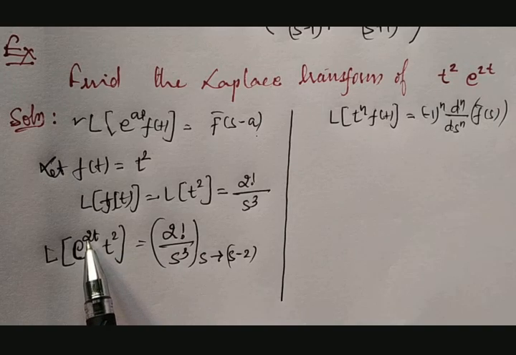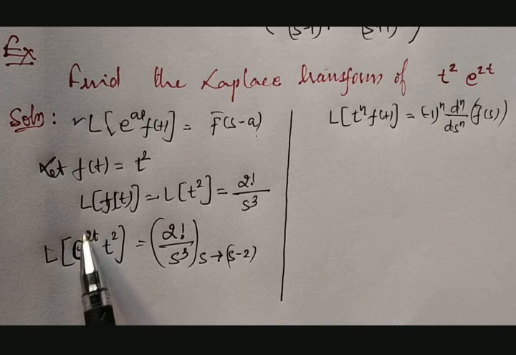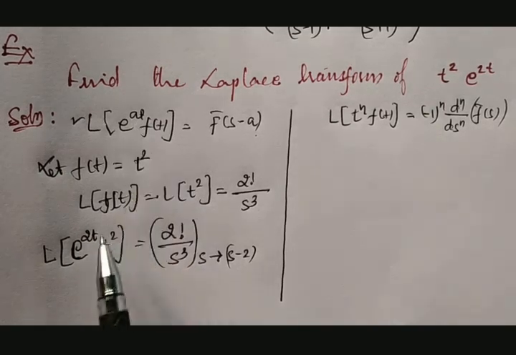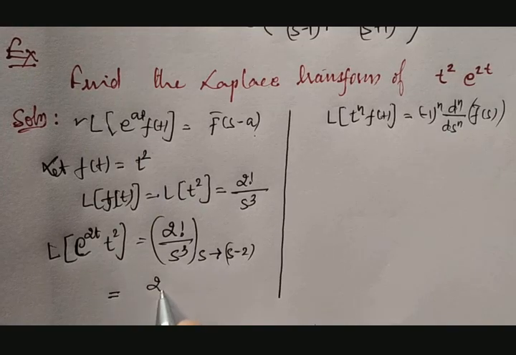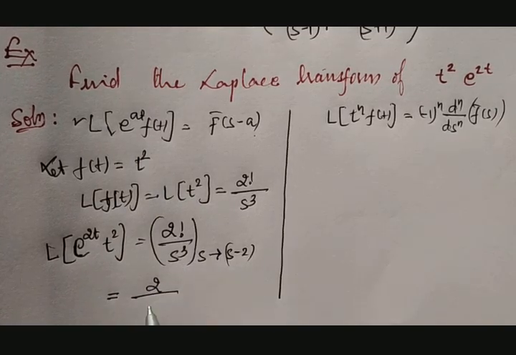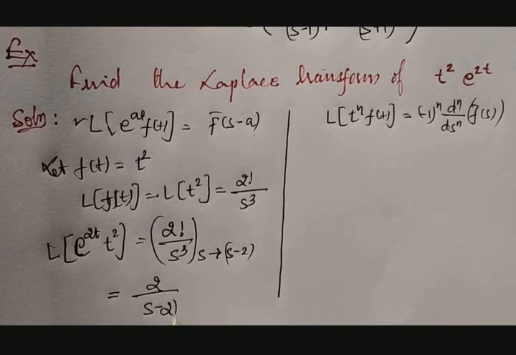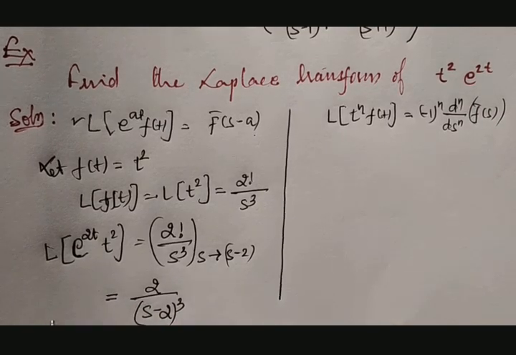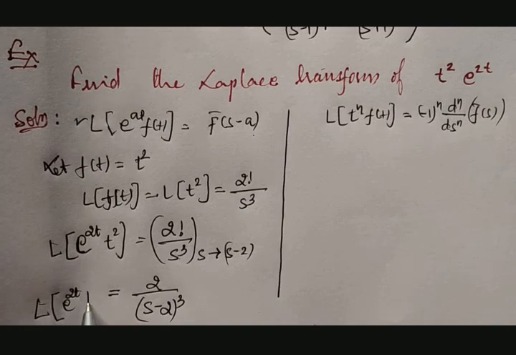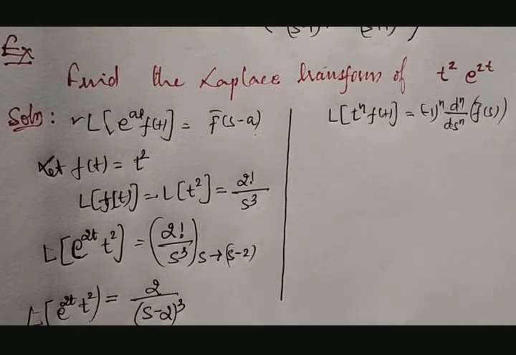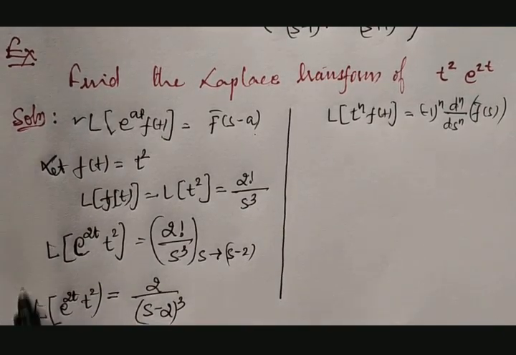That is the coefficient of t, which is the power of exponential, this 2. This is a if we compare with this. Therefore, this result is equal to 2 factorial is 2 divided by s minus 2 the whole cube, which is nothing but Laplace transformation of e raised to 2t into t square. So this is the result.